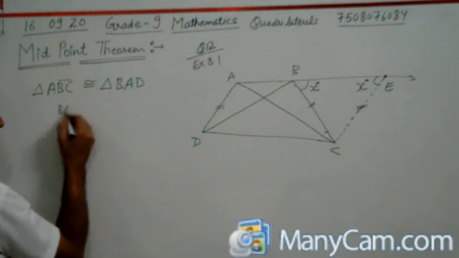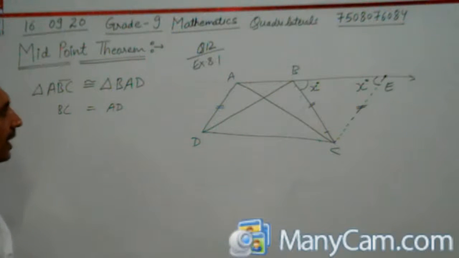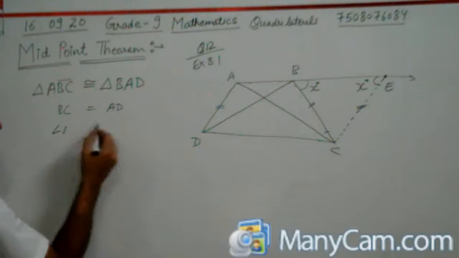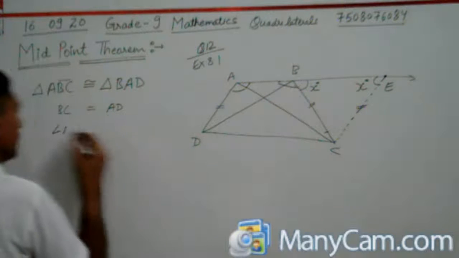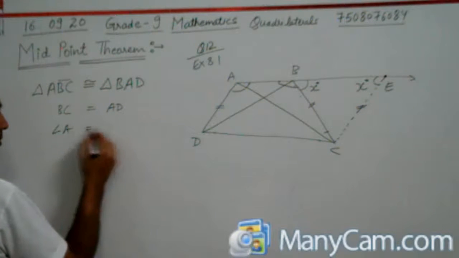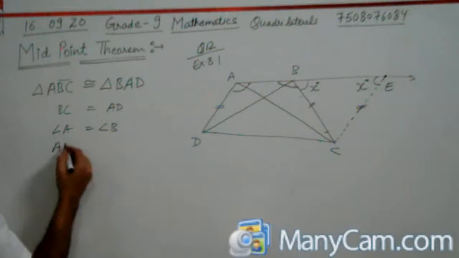Here is BC and here is AD. They are equal. And angle A is equal to angle B in these triangles. And the third, AB is equal to BA.